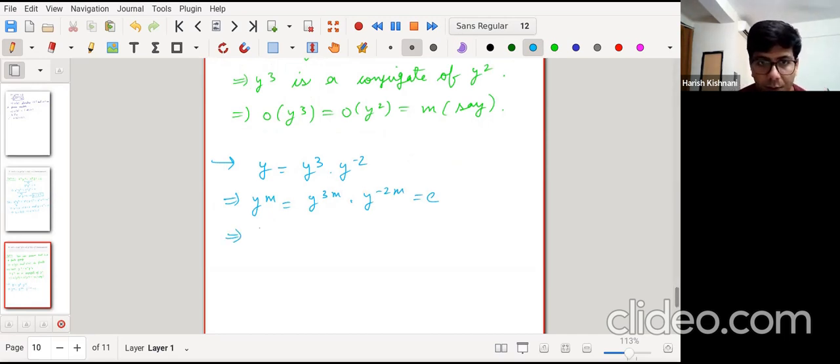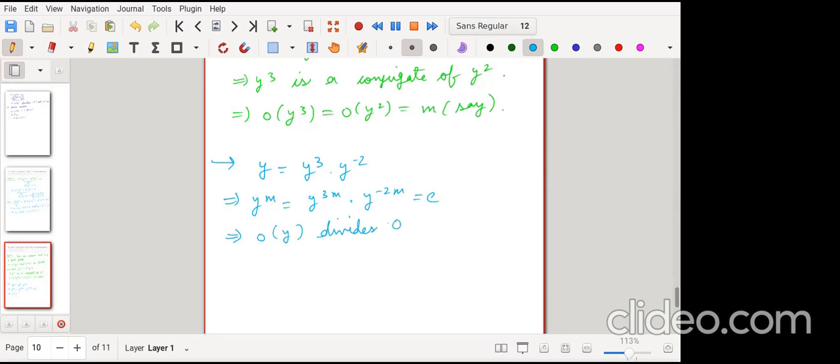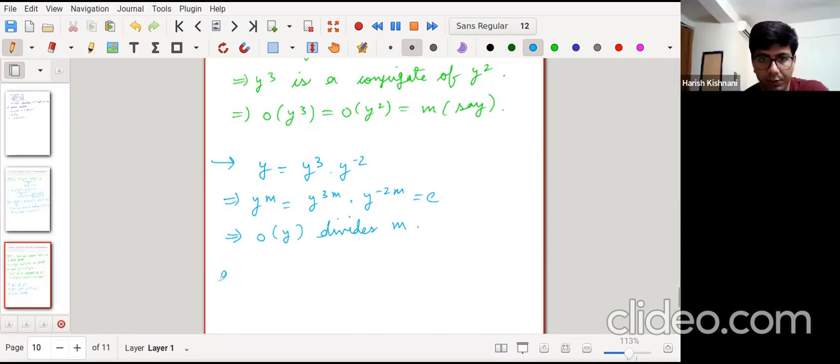So the order of y divides m. And anyway, y squared raised to m is the same as y to the m raised to square, which we have already seen.